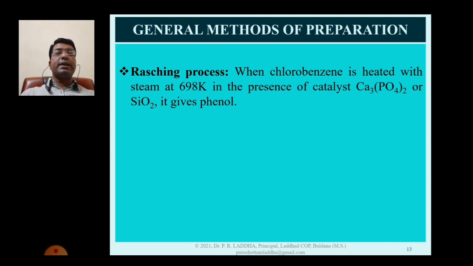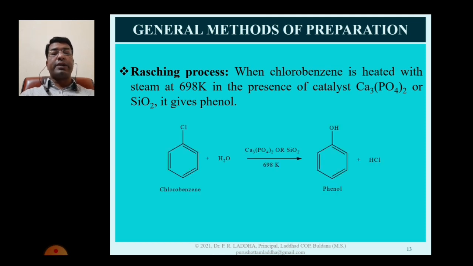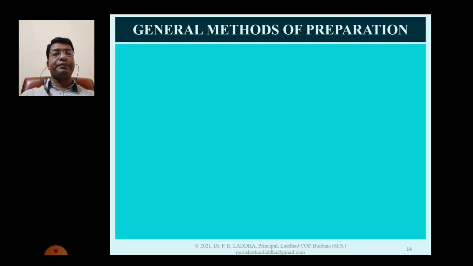When chlorobenzene is heated with steam, that is water, at 698 Kelvin in presence of a catalyst like calcium phosphate or silica, that will give phenol. So here chlorobenzene reacts with steam in presence of calcium phosphate or silica at 698 Kelvin to give phenol.